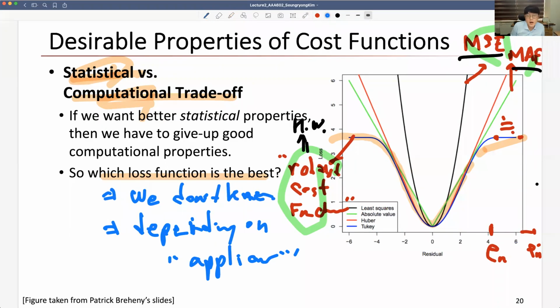But again, due to being simple and easy to compute, MSE and MAE are the most popularly used cost functions. But if you want a better result, you can consider the robust cost function as well. Okay, so these are the desirable properties of the cost function.